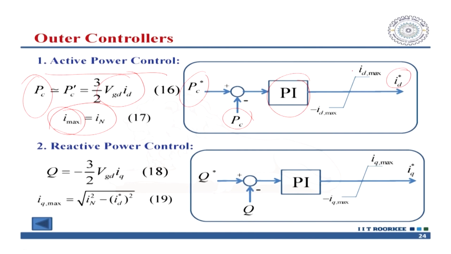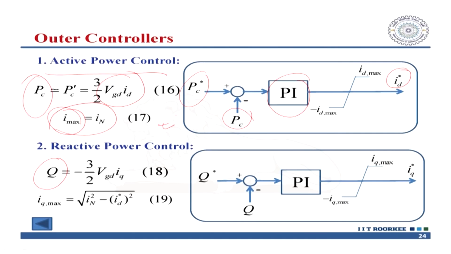And similarly, you have a reactive power control, and that is mostly important because this was required for the active rectifier and other modes of operation, but in the case of the shunt active power filter or the D-STATCOM, this loop is generally absent.